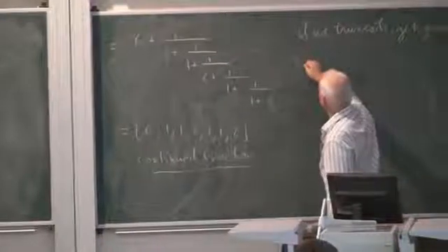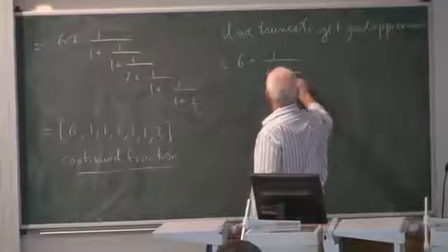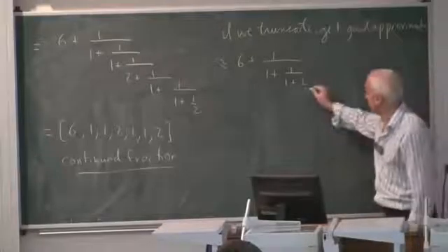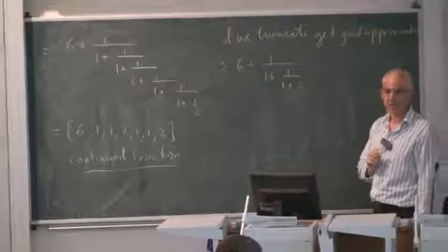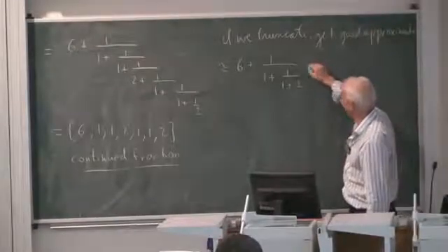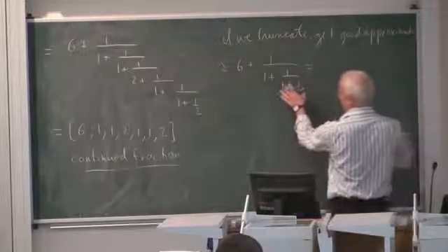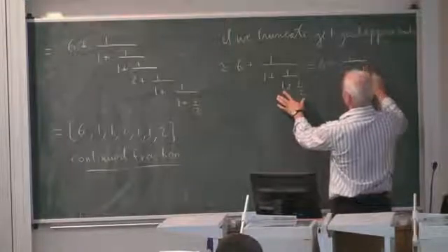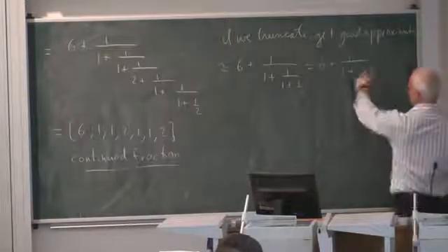So for example, suppose I just ran out of patience, and once I got to this step, I said, that's it, I'm stopping. I'm not going to add the little stuff that's on the end of that. If I evaluated that, what would it actually be? Well, to evaluate it, I have to work from here and go backwards. So it's 6 plus 1 over 1 plus, this is 1 over 3 halves. So this is really 2/3.